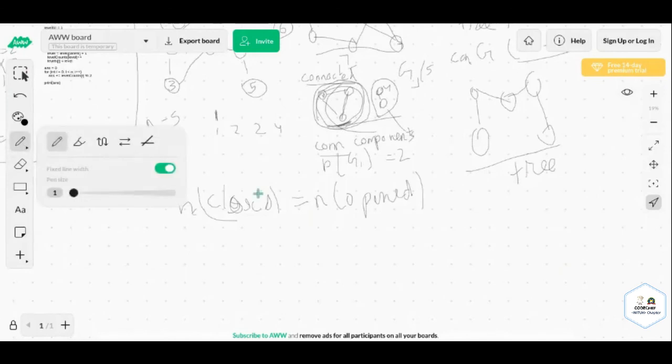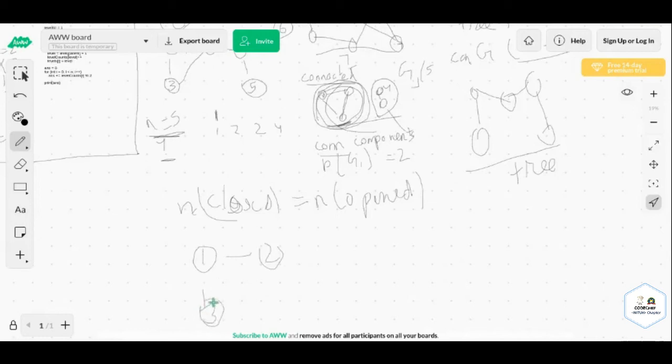So let's say this is 1, 2, and 4. So let's say this is a connected component, and 4, 5 are also here, and these are connected. This is a connected component of this bigger graph. This connected component has 3 nodes, and it requires only 2 edges to be connected, right? So what we can do is that we can remove this edge.